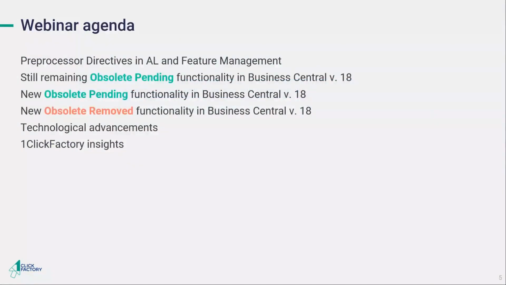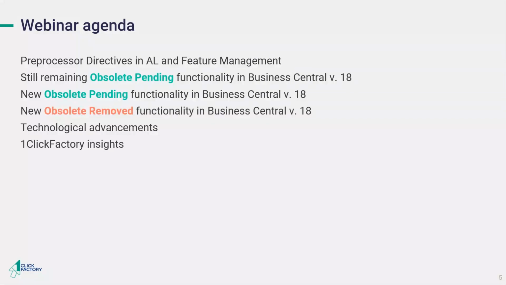Today's agenda: firstly, we will review preprocessor directives in AL and how we can clean up code, and the related functionality Microsoft released in Business Central 17, which is feature management. Then we will review the still remaining obsolete pending functionality, which is marked for removal in the next releases.